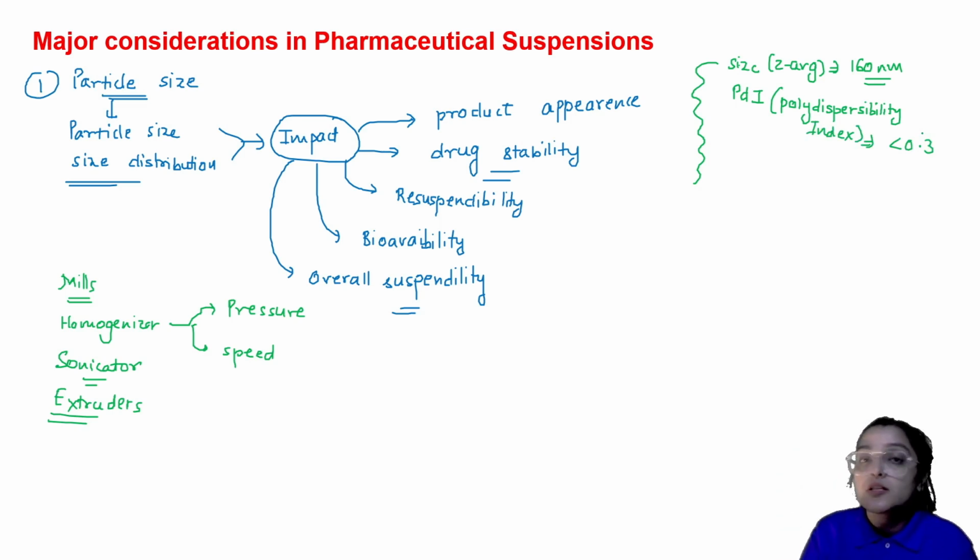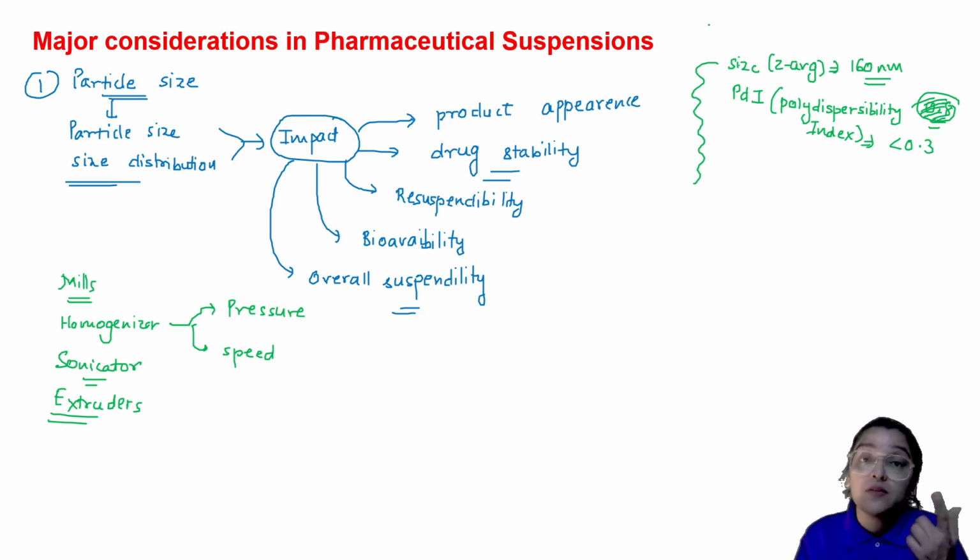Suppose you have your formulation and you measure its particle size. The particle size is 160, but the PDI is 0.8. That is a really high PDI. That means the formulation is not going to be stable, and it is going to precipitate anytime soon.